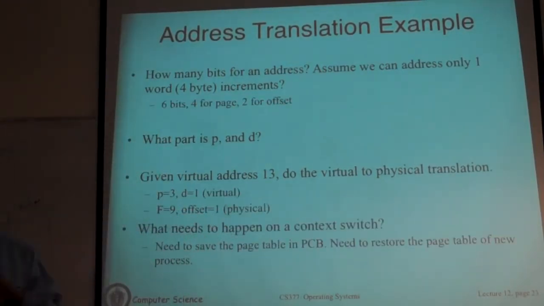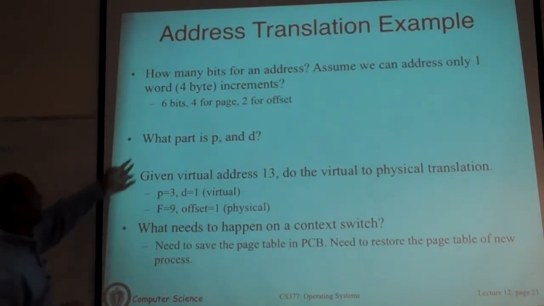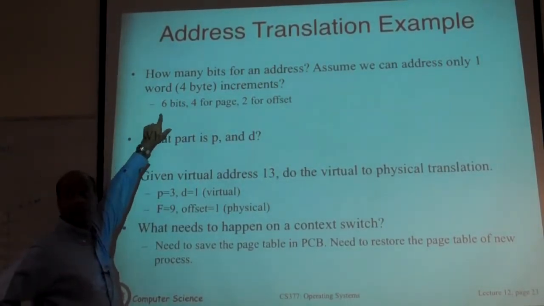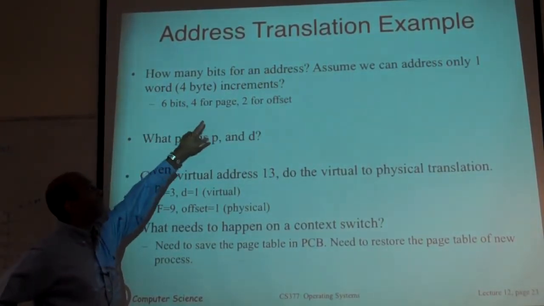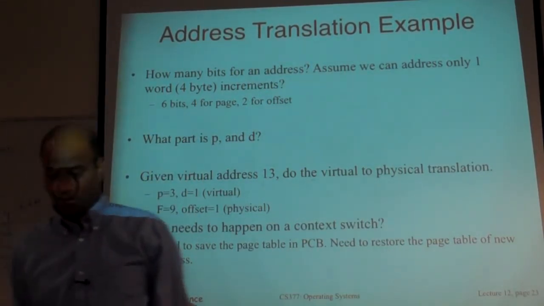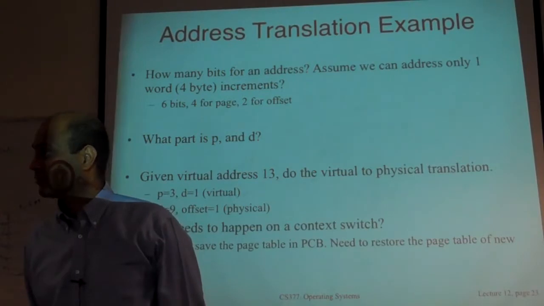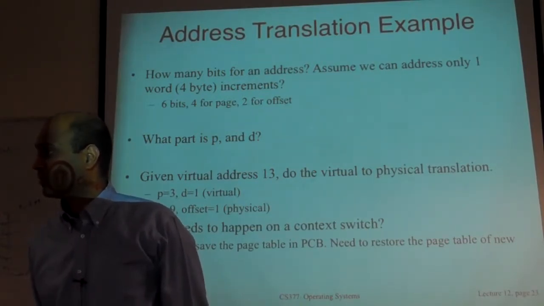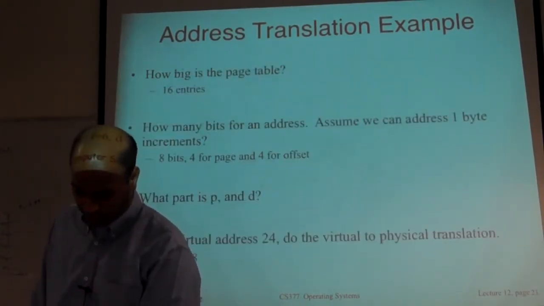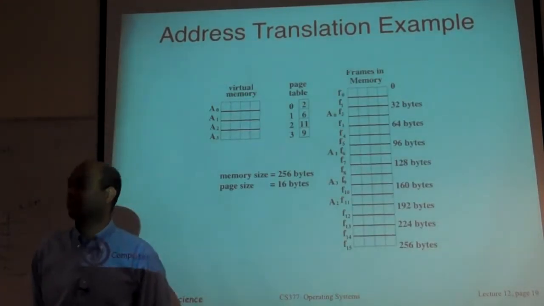Okay, so if you now had address 24, you have to ask how can you do the addressing. Okay, so here you have 6-bit addresses, no longer 8-bit addresses. There's 4 for the page and 2 for the offset. Okay, so why is that? Yes, you have something to say. Well, are we still assuming 16-byte pages?